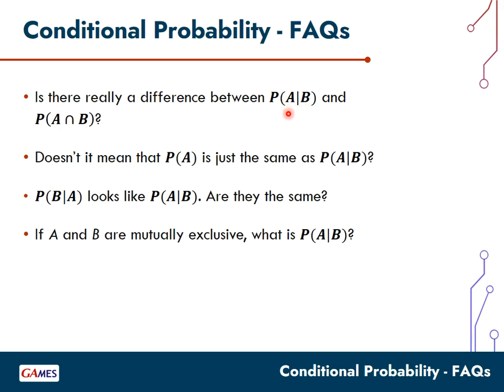So our computation of A now is we're trying to update the previous probability of A by computing the new probability based on the new information about B that has been provided for us. That's essentially what we are doing here.